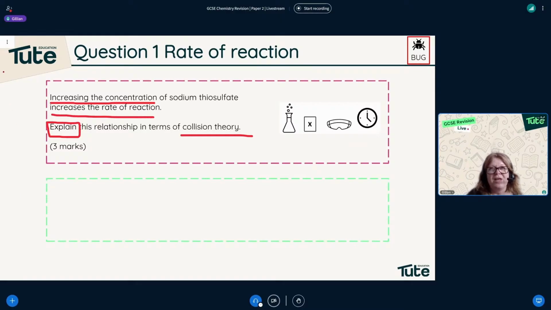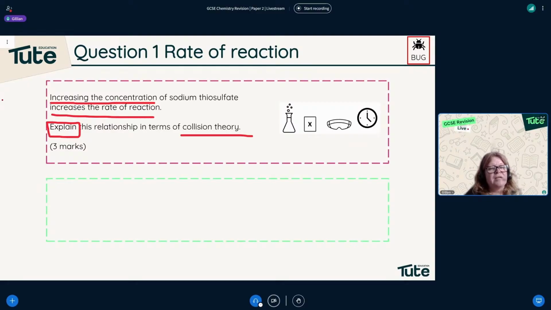Now, what is collision theory? Remember, for any chemical reaction to happen, reacting particles must collide with each other, and the particles must have enough energy to react. That minimum amount of energy required for a chemical reaction to take place is called the activation energy.